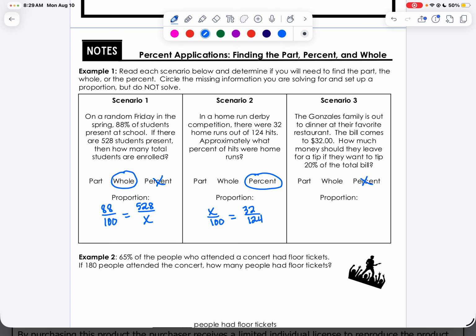They also gave us the total bill, so we're not looking for the whole. In this problem, we're looking for the part. So our percent was 20 over 100. We do not know the part, but we know the total bill was $32. So there's your proportion. Now, let's get into actually doing some solving here.